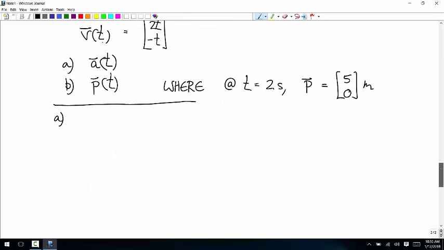Okay, so for part A, the acceleration function is, take the time derivatives and you just get (2, -1) and you're done.